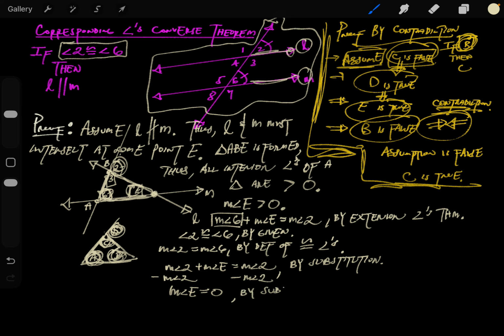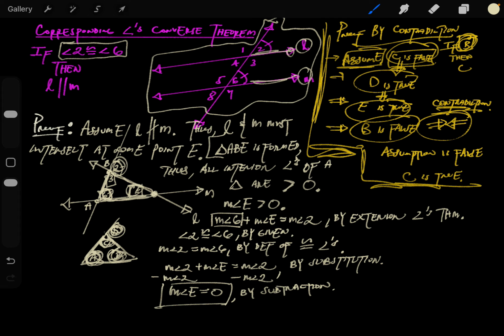And this is a clear contradiction, because the measure of angle E cannot be 0 if a triangle is formed. Triangle ABE is formed, thus all interior angle measures of a triangle are greater than 0, okay?